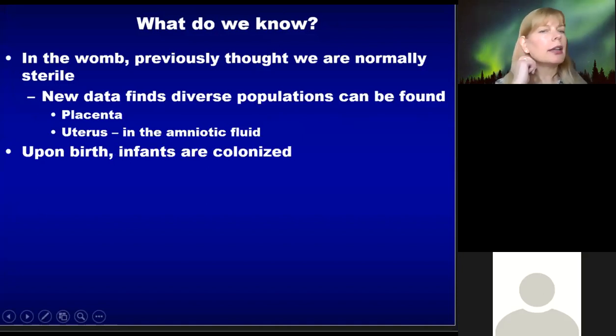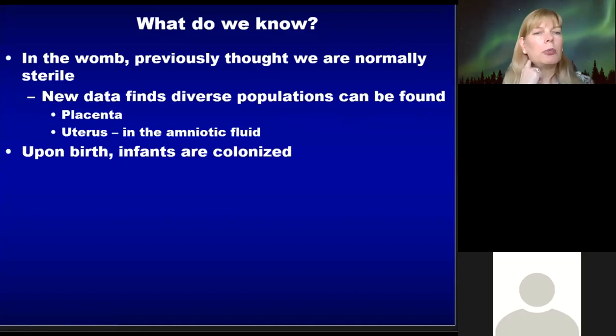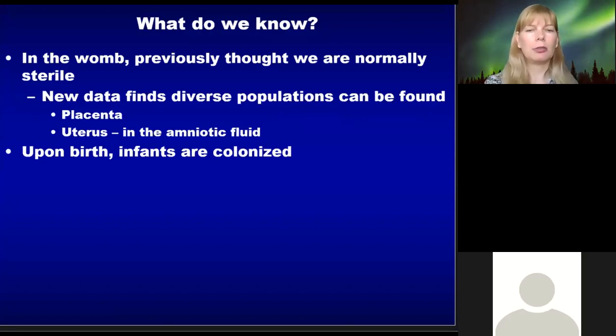Okay, so looking at the idea of microbe-human interactions, and when you think about the normal microbiota that live in and on us, how are we acquiring those? And I think if you just stop and think about it for a few minutes, some of these ideas are kind of obvious.